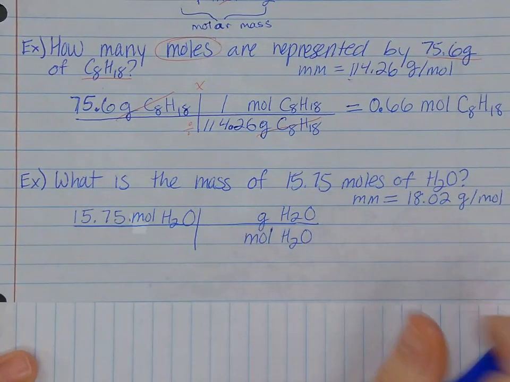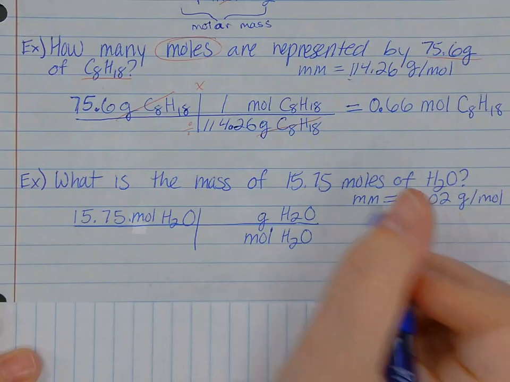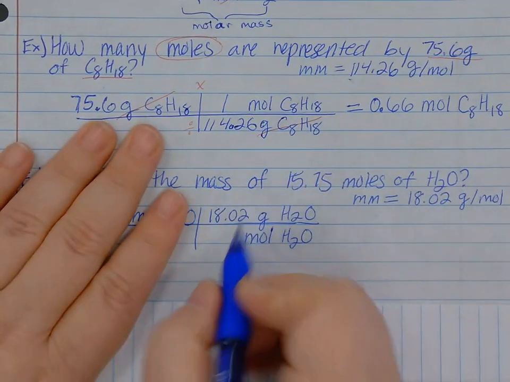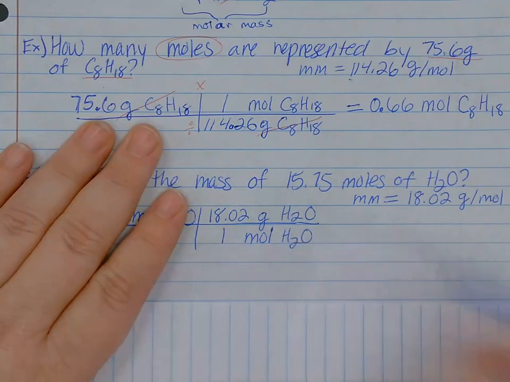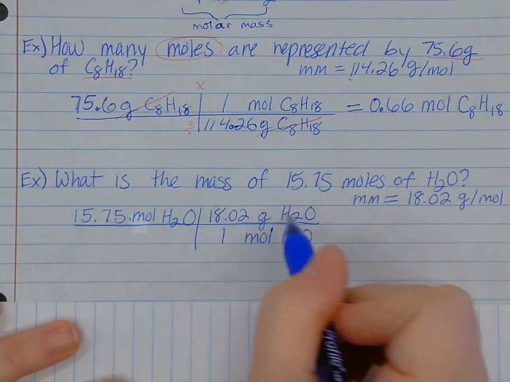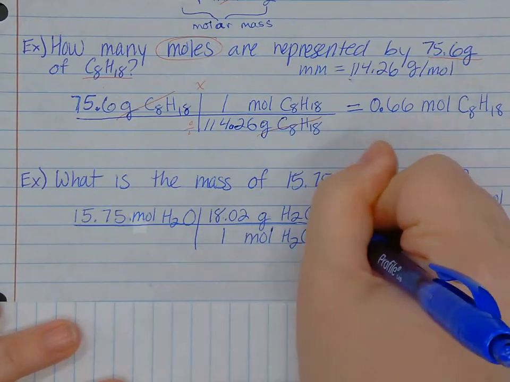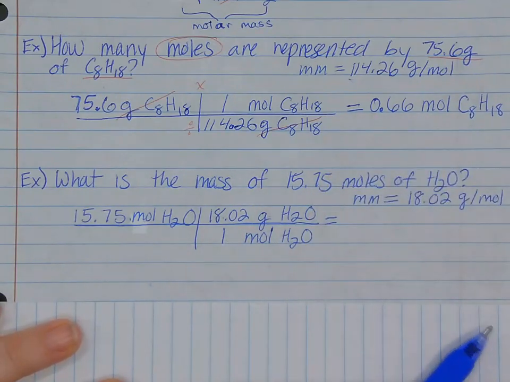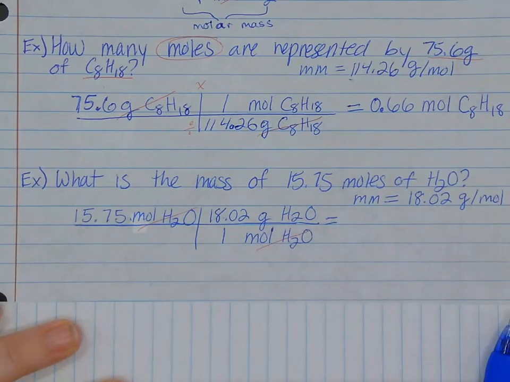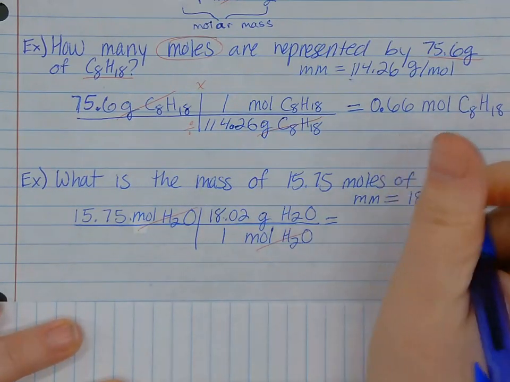So where are we going to put the 18.02? On the top next to the grams. So 18.02 grams in 1 mole, okay? So the value always goes next to the grams, and it's always 1 mole. Okay, what cancels?